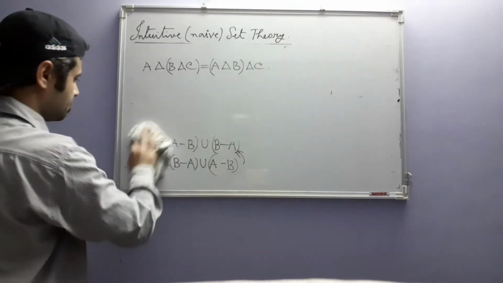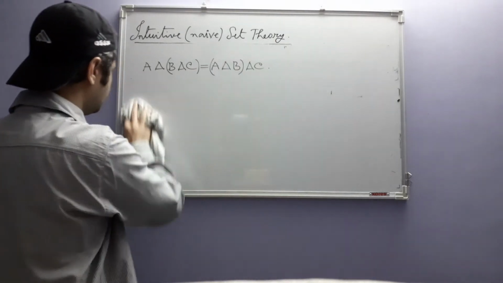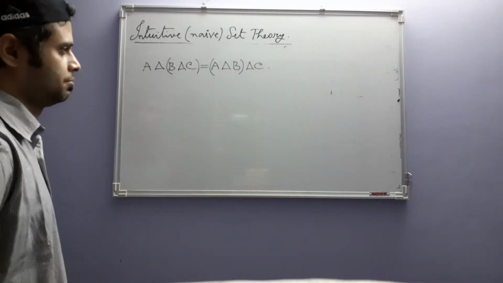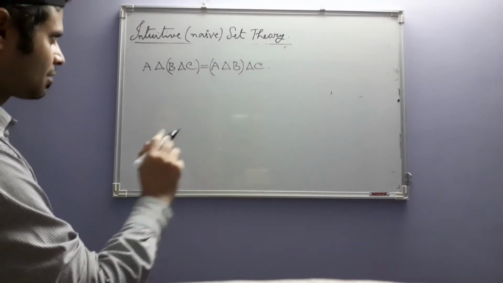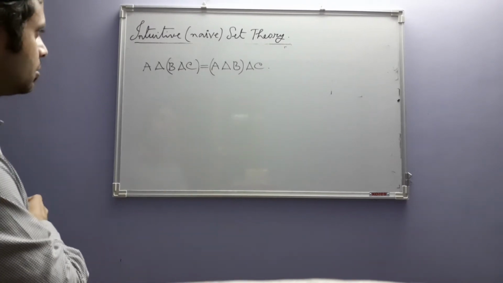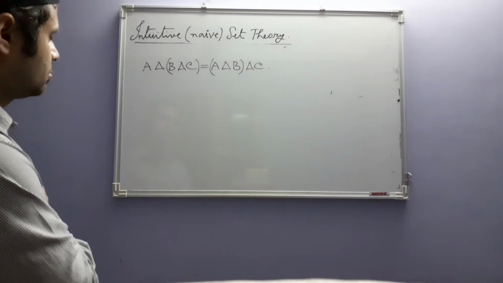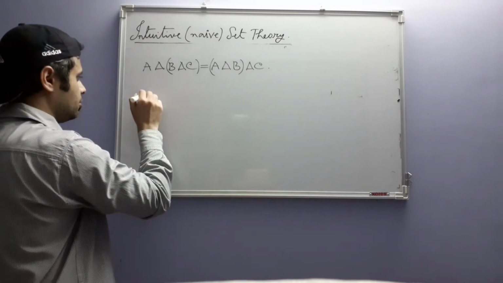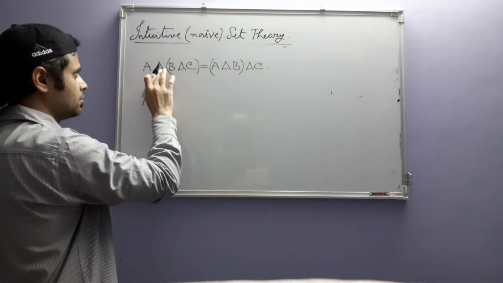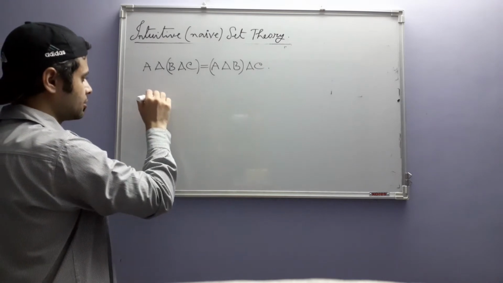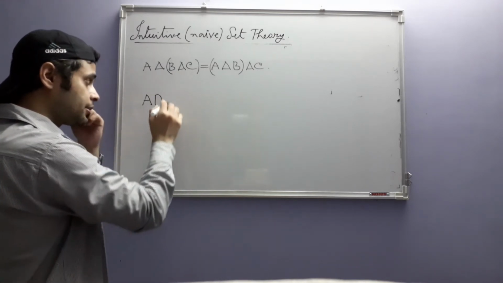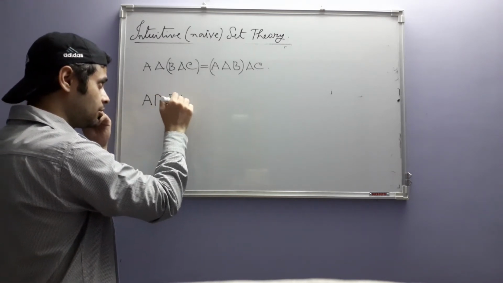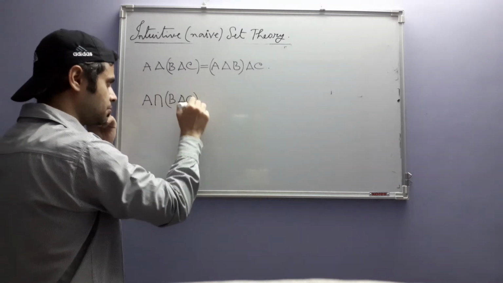One more property is there which involves this delta and intersection. Intersection distributes over symmetric difference.